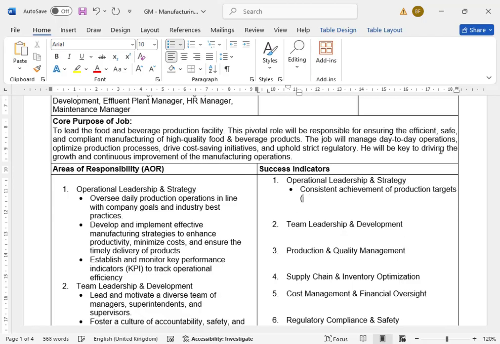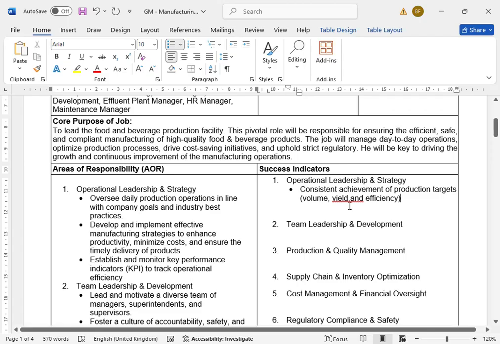What are the targets in terms of volume, yield, production yield, and efficiency. Okay. Then, okay, yield. What is yield?